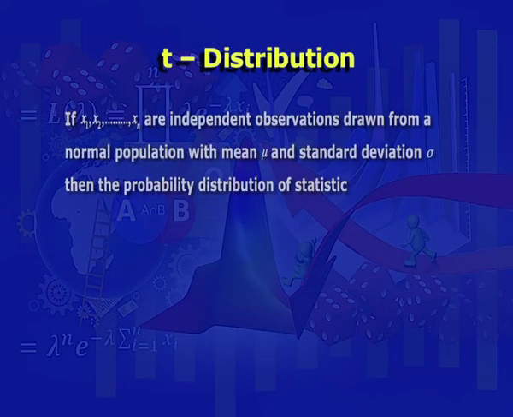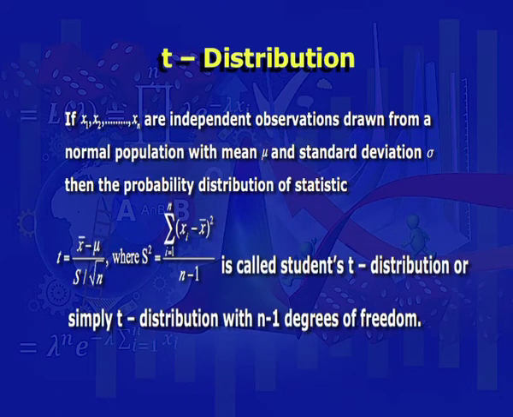If x1, x2, ..., xn are independent observations drawn from normal population with mean mu and standard deviation sigma, then the probability distribution of statistic t equal to x bar minus mu divided by s by root n, where s square equals summation i equals 1 to n, xi minus x bar whole square, divided by n minus 1, is called Student's t distribution, or simply t distribution with n minus 1 degrees of freedom.